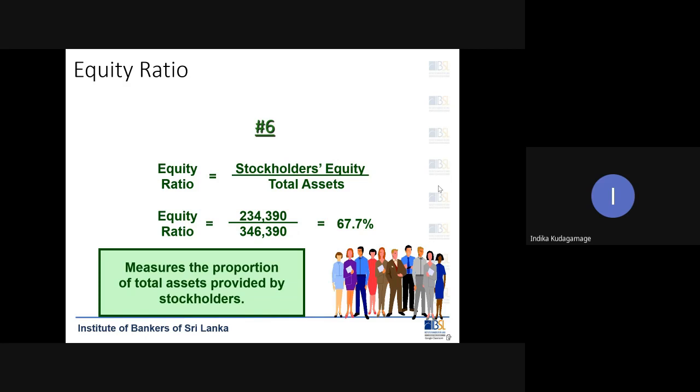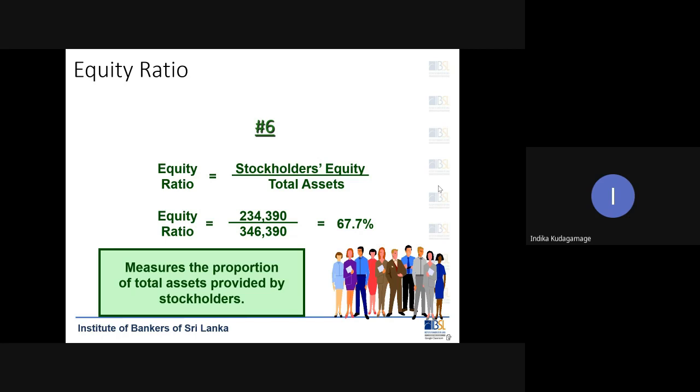So normally we say debt equity of 60-40 is the maximum a bank should finance. Why? 60% debt, 40% equity, that is already a high debt part. Based on your risk appetite, you can decide whether it's 50-50, 40-60, whatever.